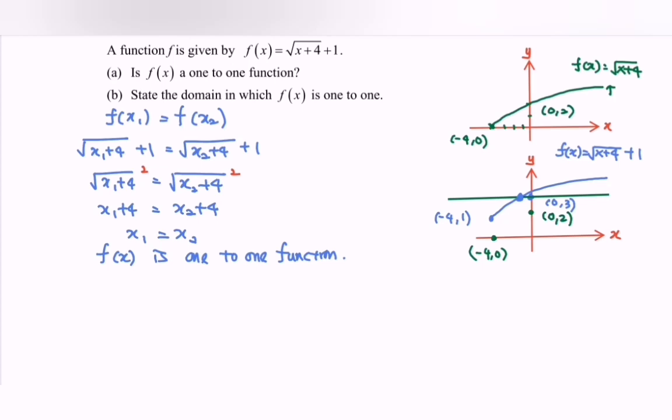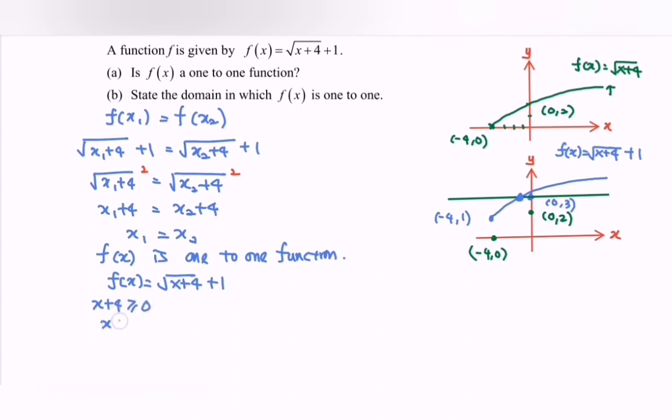Next, state the domain in which f(x) is a one-to-one function. So, how to find the domain? Referring to the situation, we have f(x) = square root of (x + 4) + 1. Here we have two parts. Number 1 is the square root. Number 2 is the real number, the plus 1. Referring to the left-hand side, the square root of x + 4. As we all know, x + 4 must be greater than or equal to 0 because of the square root.